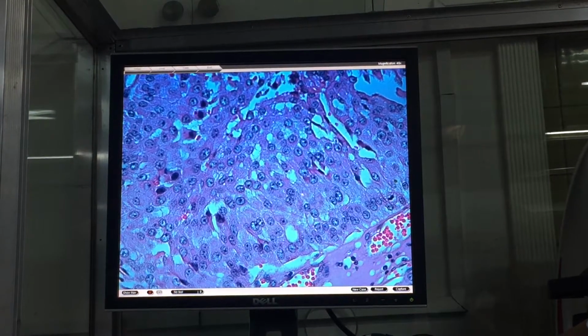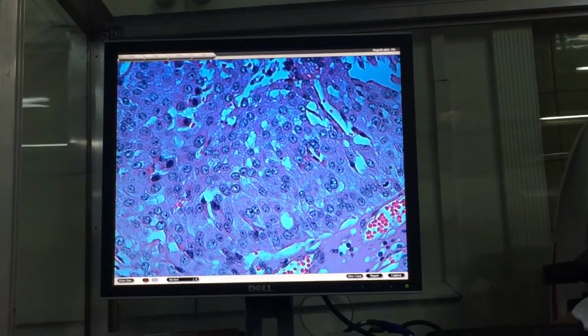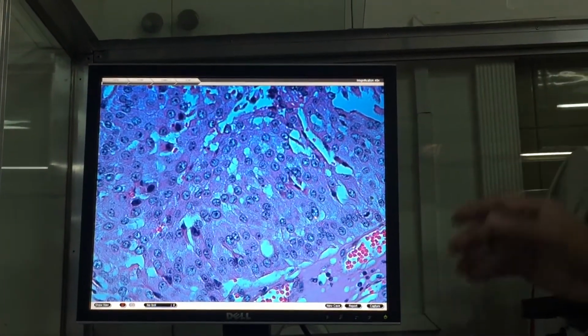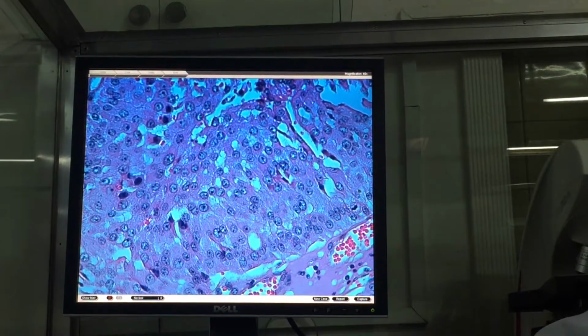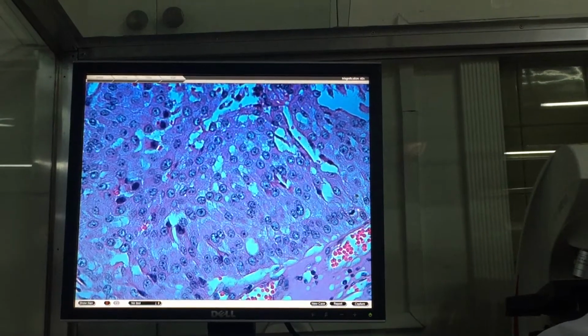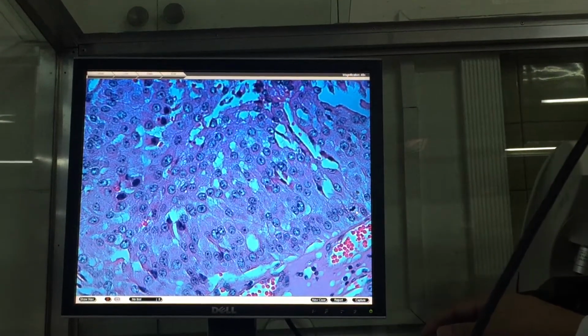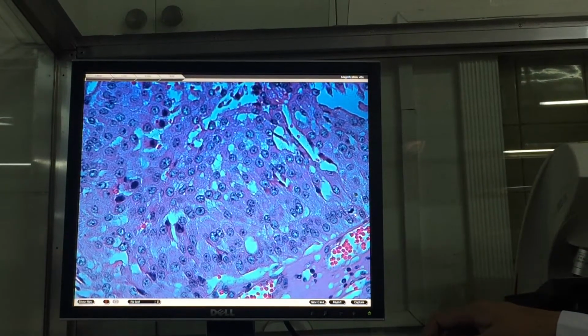They vary in size. Here, there are smaller nuclei, larger nuclei here, comparing these two. So there's anisocytosis. And also you will see this structure. This is already mitosis. Okay, this is your transitional cell carcinoma.